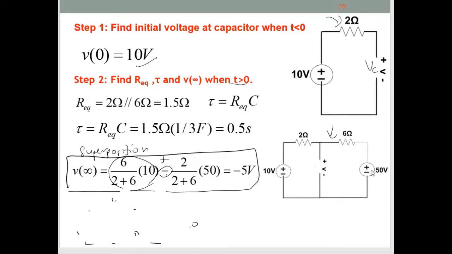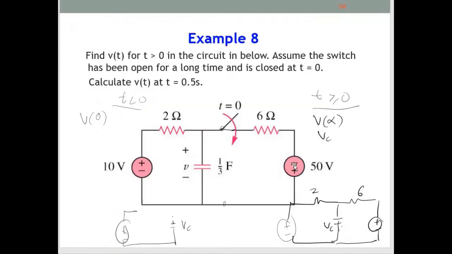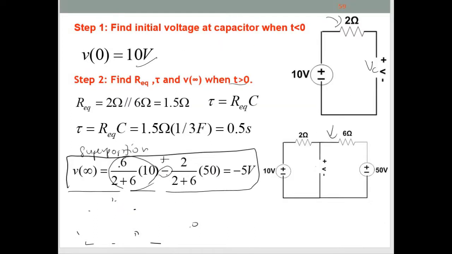But if you want to proceed with the same polarity as in the question, negative 50 volt, write this positive here, and then this becomes short. This is 2, and then this is the capacitor. This is our 6, and 50 volt.